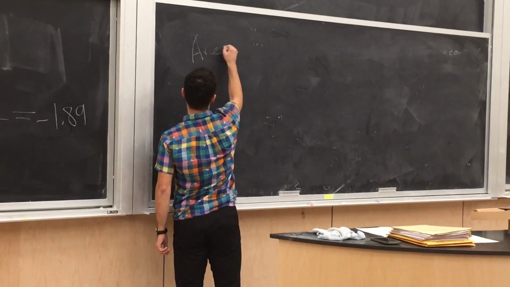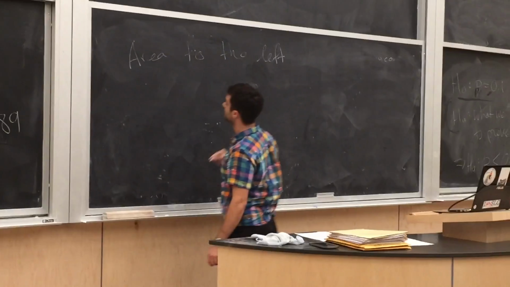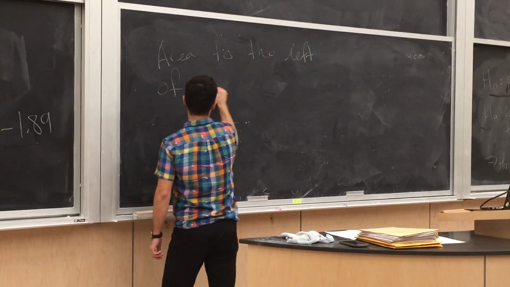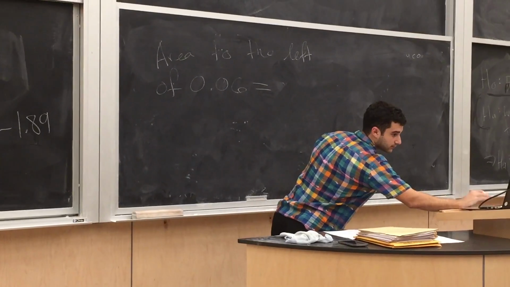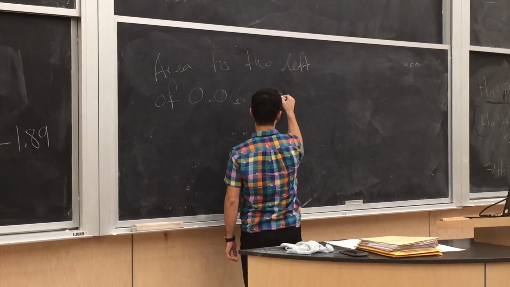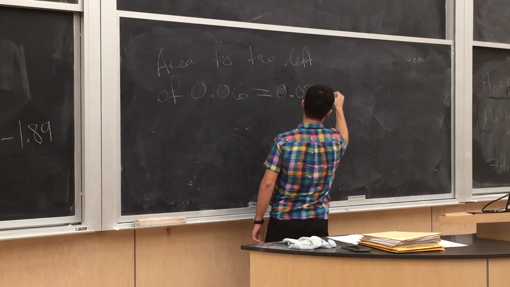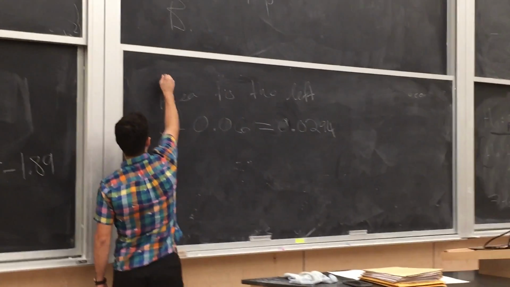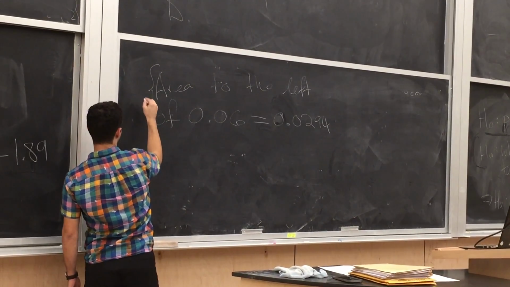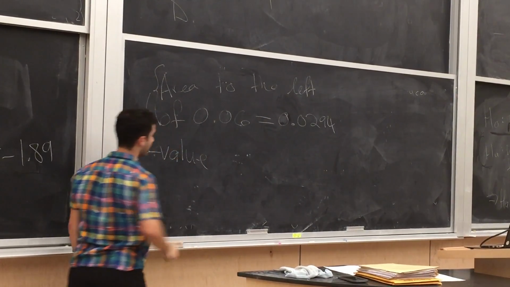So the area to the left of 0.06 is 0.0294. And remember, this area is the same as the p-value that we were looking for.